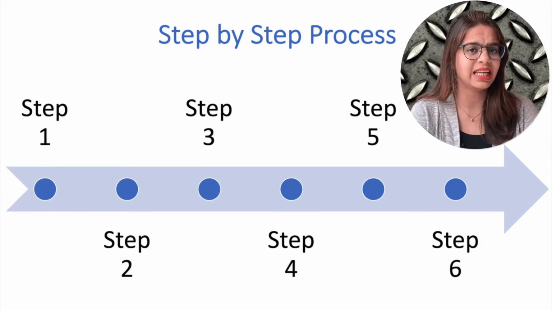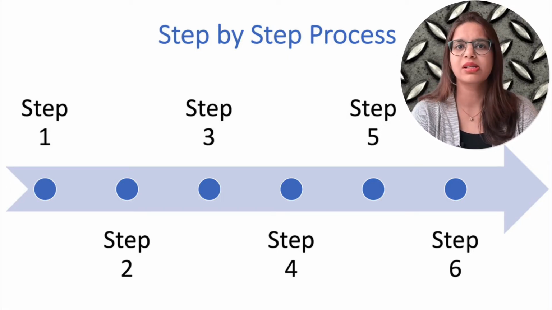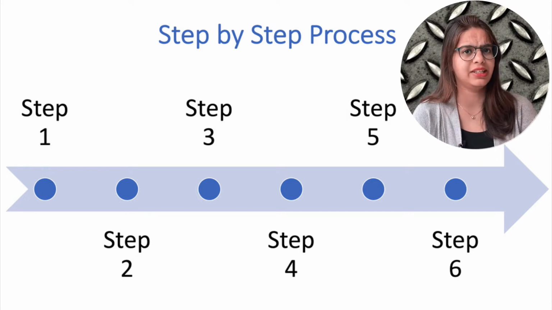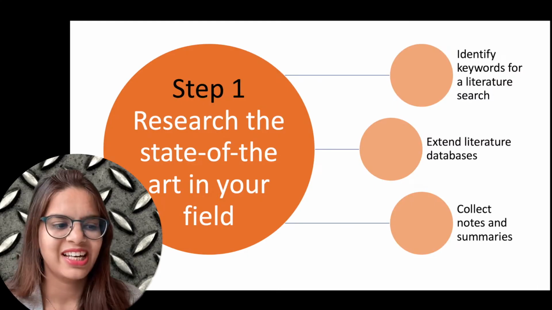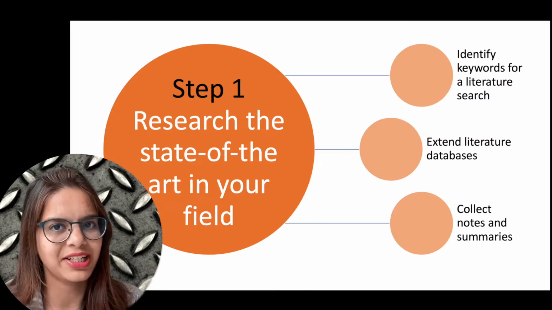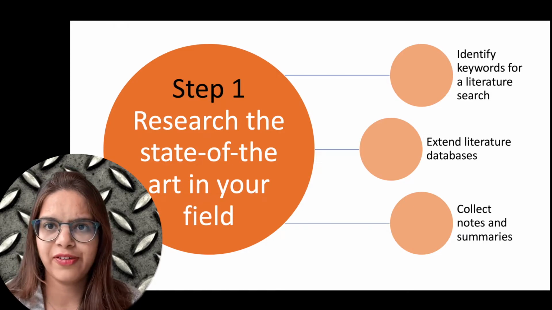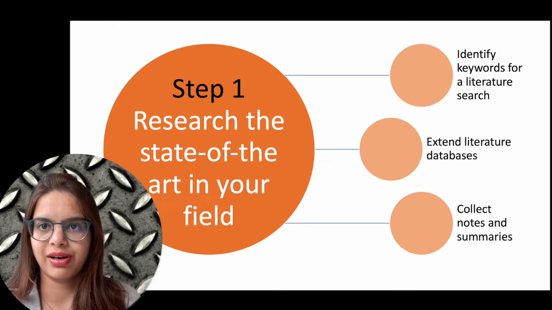As you can see, it is a total 6-step process, and each step involves certain things that you need to carry out. Let's see in detail what each step has for you. Step 1. Research the state of the art in your field. In this, identify 5 to 10 keywords for a literature survey.